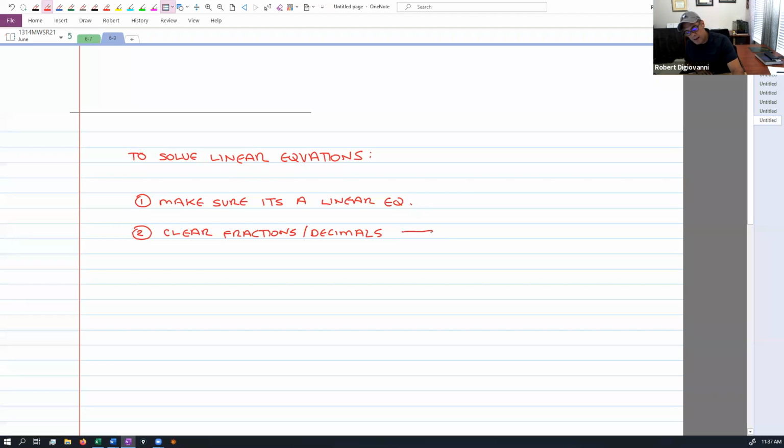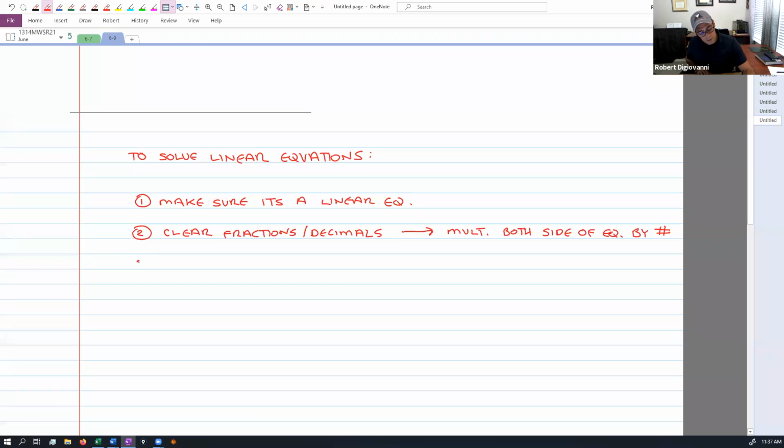And to do that, what we will do is multiply both sides of the equation by some number, okay? And as we do some problems, you'll see how this works. So if we have a linear equation, the first thing we're going to look at is to make sure it's linear. Then we're going to clear any fractions or decimals if we have them. And to do that, we'll multiply both sides of the equation by something.